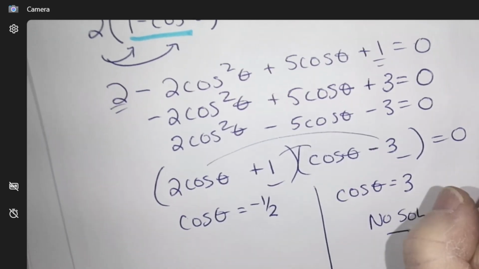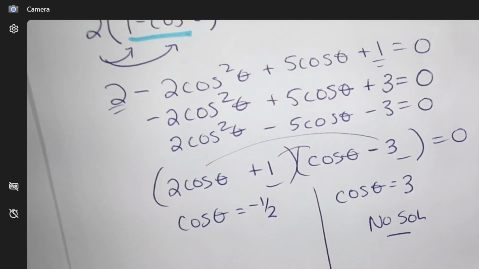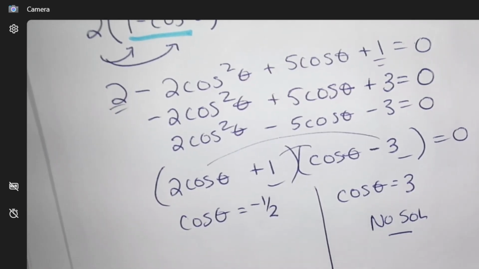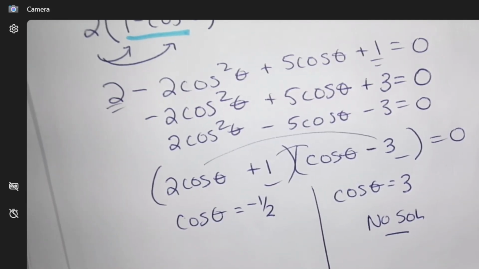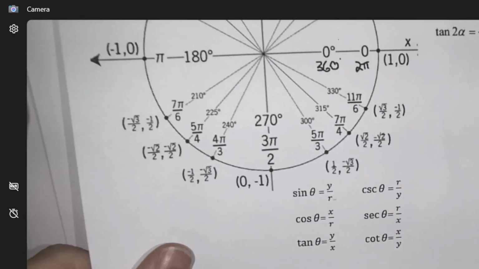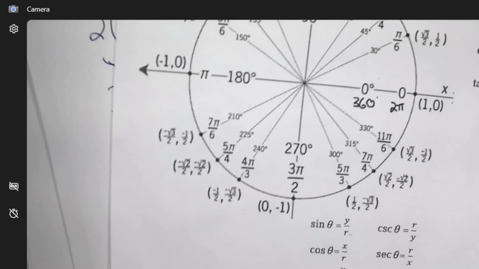No solution. Okay, you have to physically write that. If you left it blank, assuming that there's no answer, I have to deduct you. So you have to write that in there to let me know. So cos is x values. What's the largest x value you can ever get to? 1. Yep.